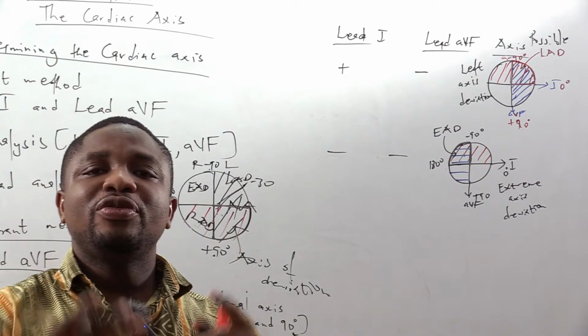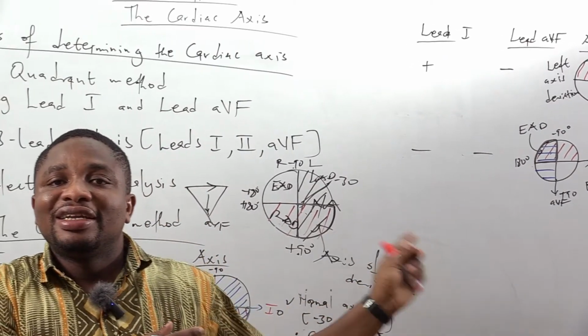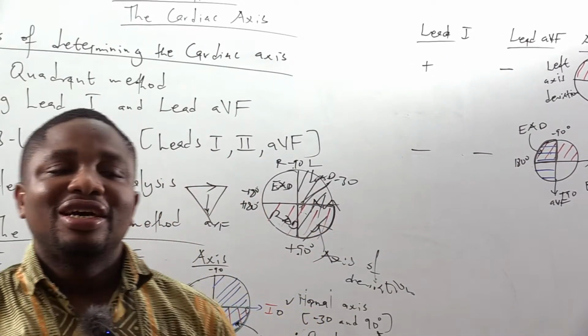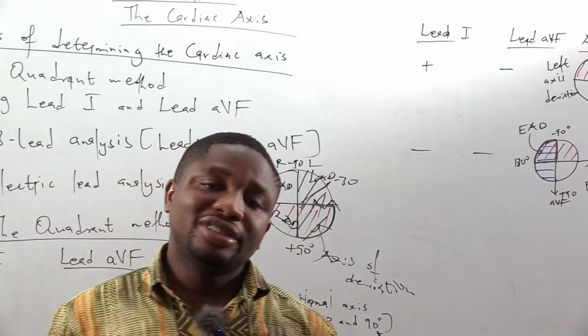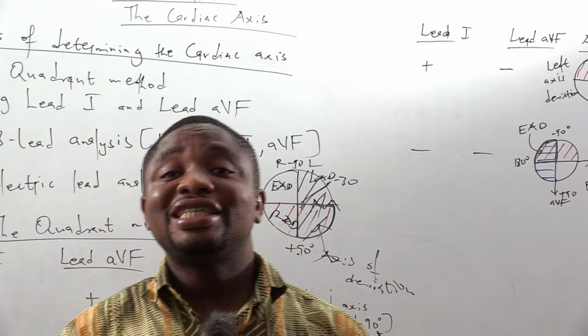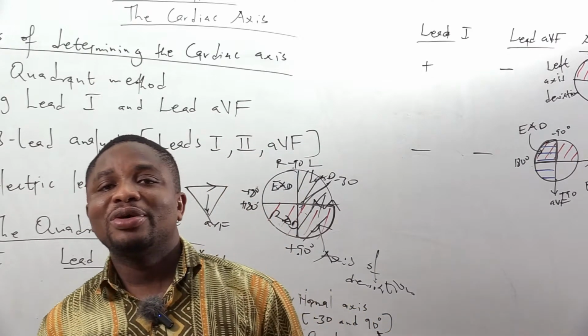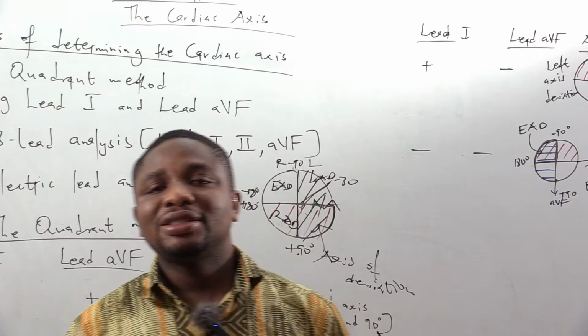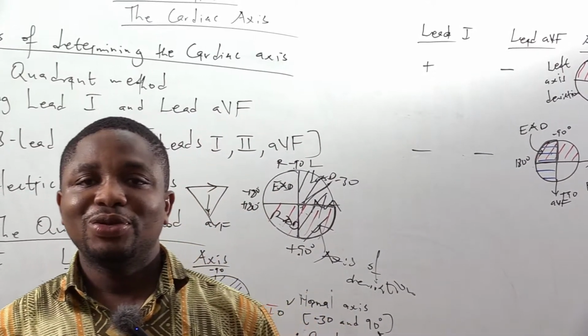Okay. So if you have scenarios like that, then to be sure whether it's a real left axis deviation or a normal axis, we'll move to the second method. We use the second method where we are going to employ, in addition to lead 1 and aVF, lead 2. Let's have a look at that.